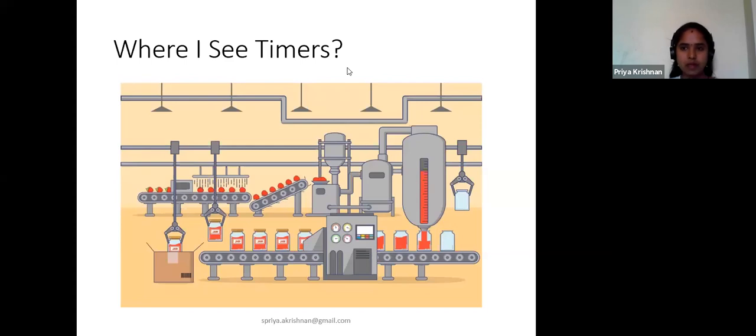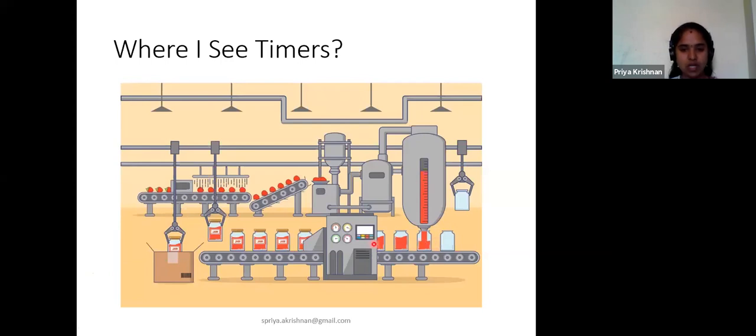They have a conveyor belt to allow the bottles one by one, and at a particular time the bottle comes and waits near the filler for a particular time to fill up to the complete brim of the bottle. So here comes the application of the timer.